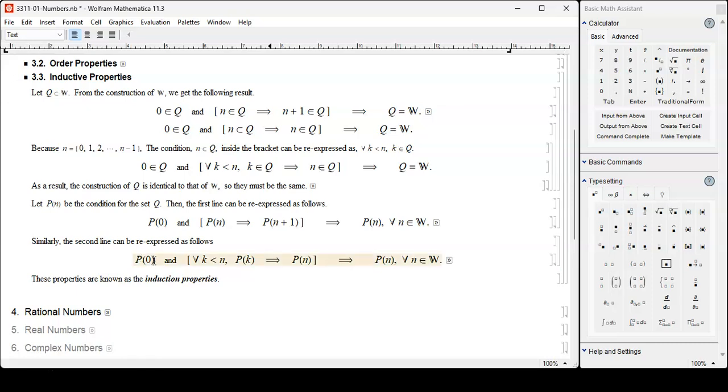Then we have the base case, true for 0. And then for any whole number less than N, true for Pk. So this one here corresponds to this. So true for all k less than N, then true for N. From these two, we get true for all.